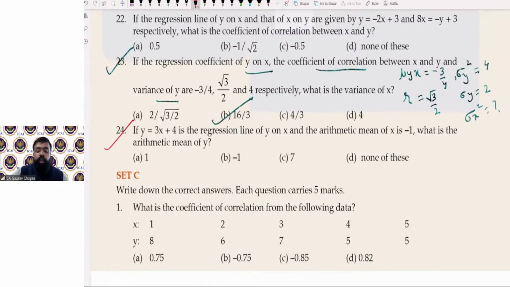This is the regression line of y on x. The arithmetic mean of x is minus 1. Now what will be the arithmetic mean of y? If the arithmetic mean of x is minus 1 and we have to calculate y, substitute this value in the equation. Simply substitute in the equation and you will get the answer. So y is equal to 3 into minus 1 plus 4. The result is 1. So the mean of y is 1.